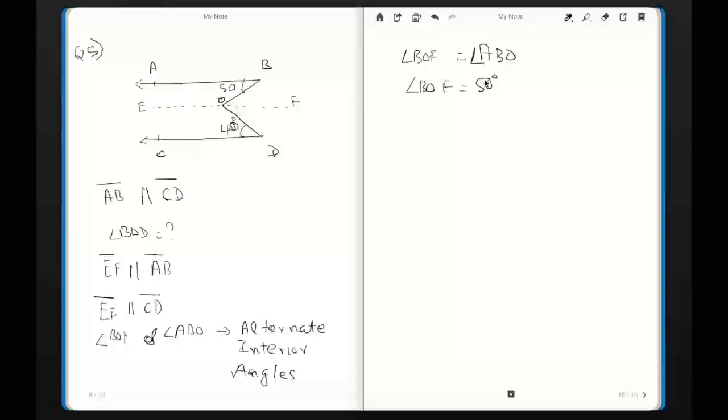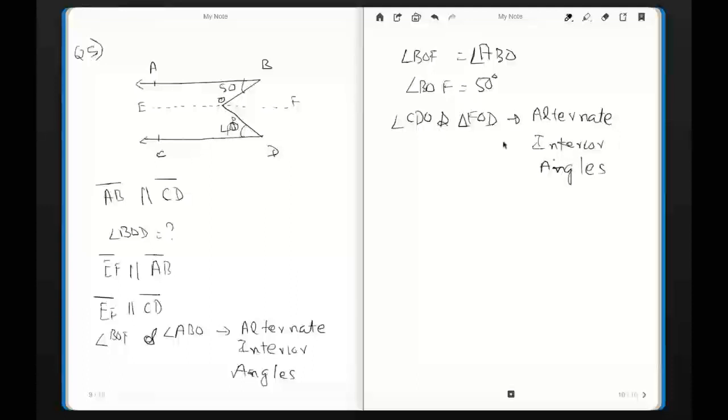Now similarly, let us look at angle CDO and angle FOD. They are also alternate interior angles, aren't they? They are.